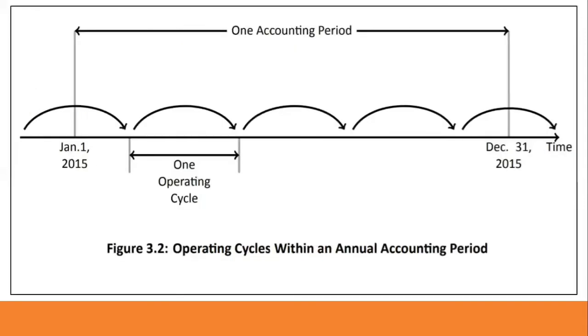So, as you can see in figure 3.2, it presents sample operating cycles with an annual accounting period. As you can notice, not all the operating cycles in figure 3.2 are completed within the accounting period, right?